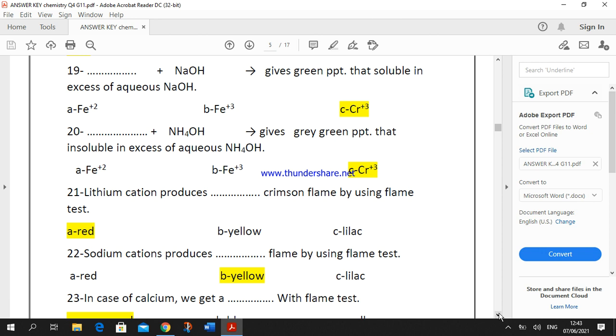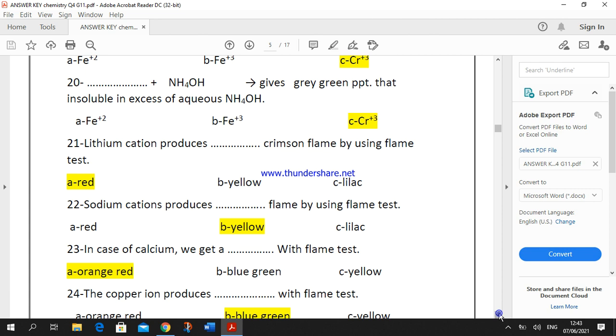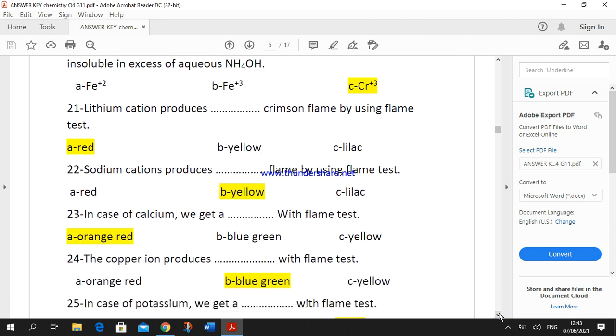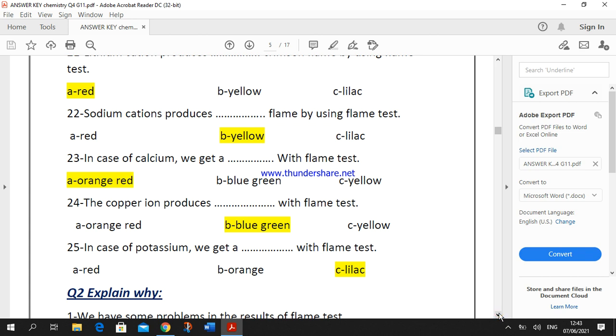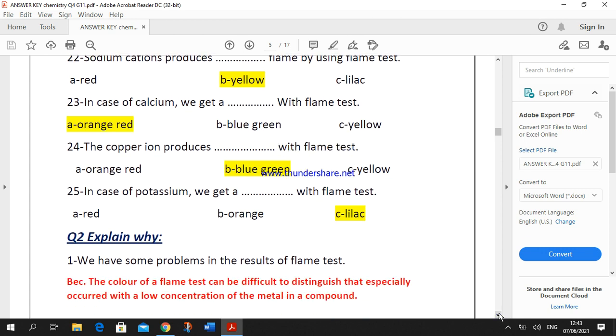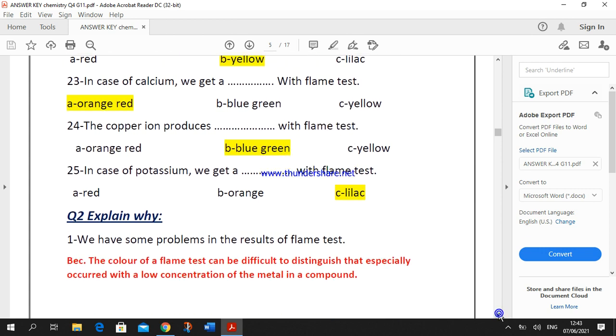Number 21, the lithium cation produces a red crimson flame in the flame test. Sodium cation produces a yellow flame. Calcium gives orange-red. The copper ion produces blue-green. Potassium gives lilac.